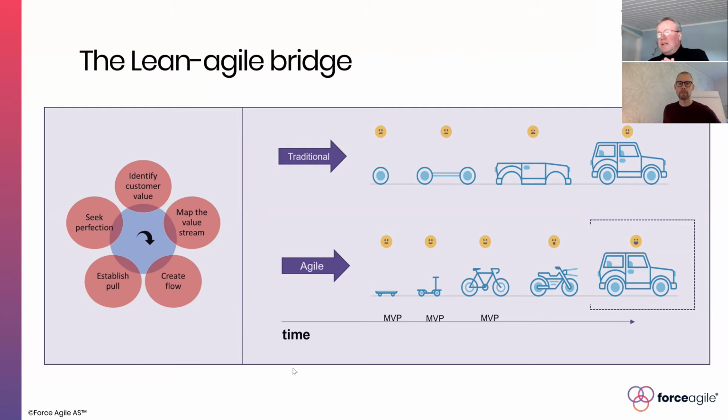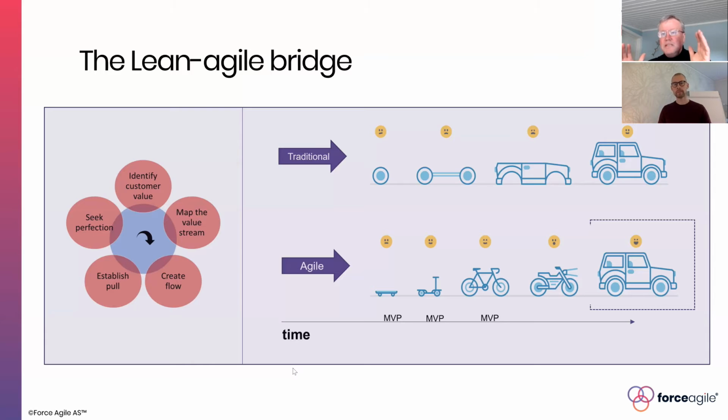For example, it may be that the customer doesn't want a car. The customer wants a motorcycle, and that's why the agile way will catch these requirements, because we are doing things in small incremental steps instead of specifying everything beforehand. So having these lean five principles combined with the agile way of thinking, that's the best way to do development, and a lot of other things, as Andreas points out, that is part of the ISO 9001 requirements.